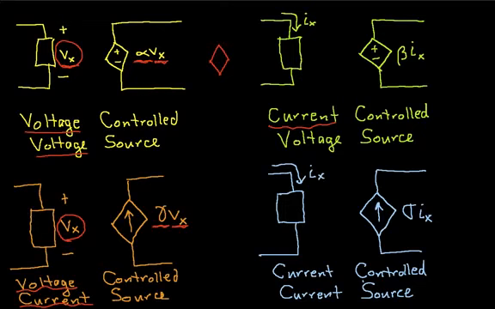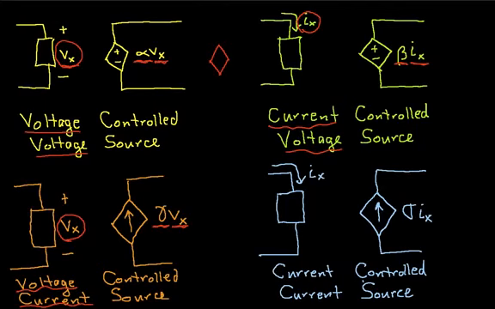You have a current-controlled voltage source. So the idea here is you monitor some current somewhere in the circuit, and the output of the source is a voltage that's proportional, with proportionality constant beta, times the current. This turns out to be the model of a bipolar junction transistor.